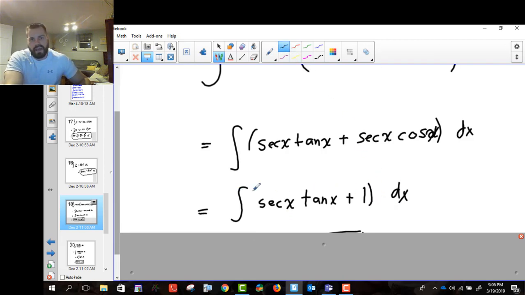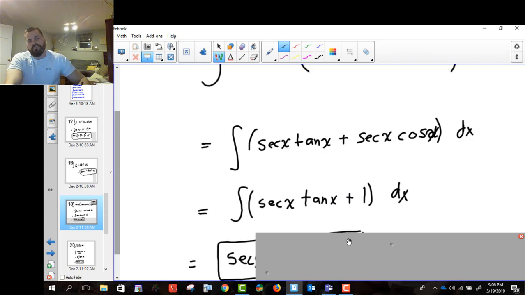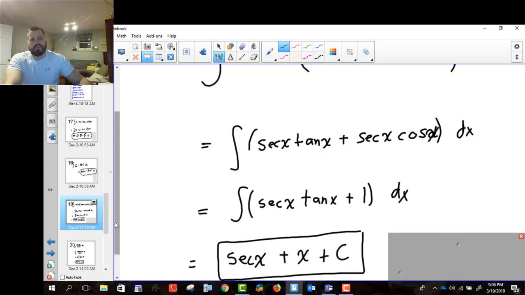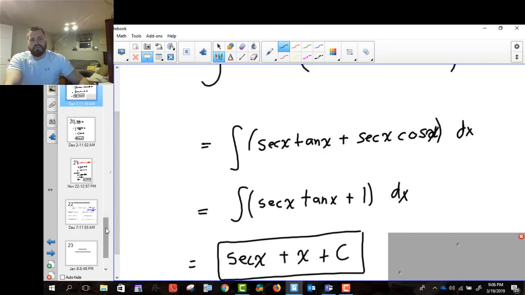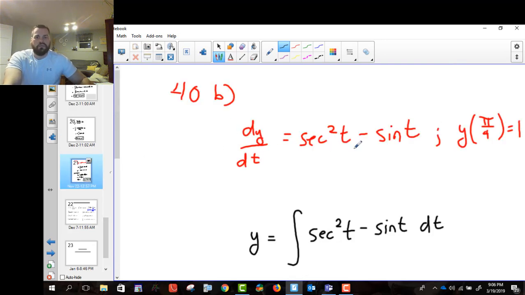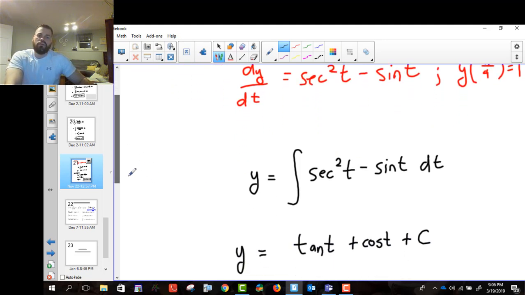You should recognize that as secant x, because the derivative of secant x is secant tangent, and then the integral of 1 is x plus c. Okay? And then here's another example. Secant squared t minus sine t. So if you integrate that, you get tangent t plus cosine t plus c.